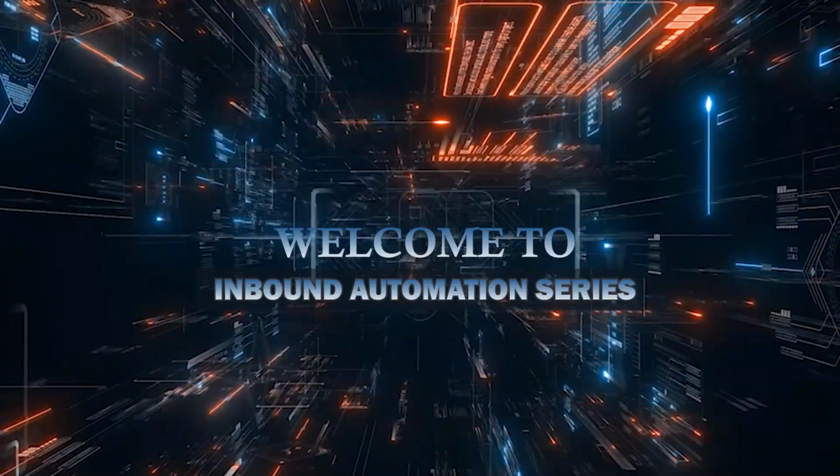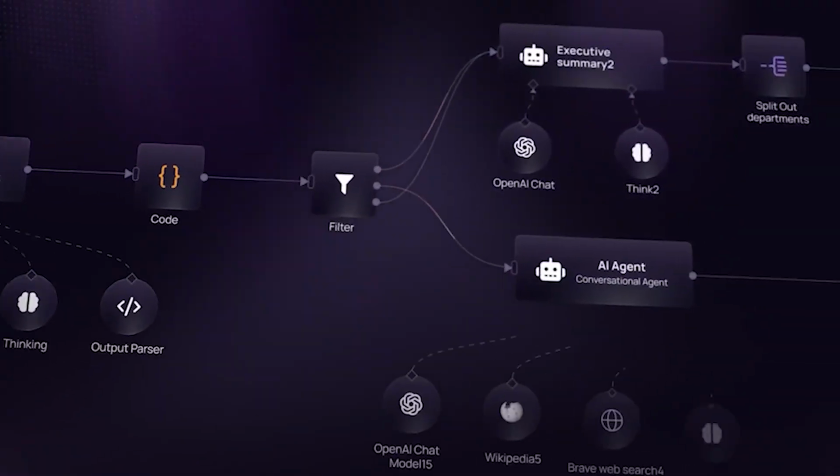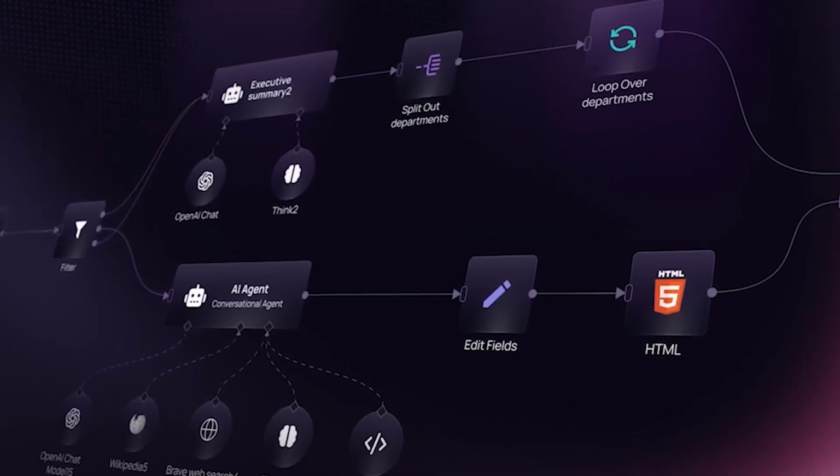Over the next few videos, I will show you how to make sure no big leads ever slip through the cracks again using one of my favorite automation tools, n8n. n8n is an open source workflow platform. Think of it kind of like a control center where your apps talk to each other automatically. It's kind of like Zapier or Make, but way more flexible, private, and powerful.